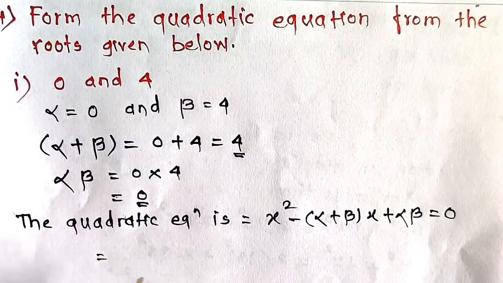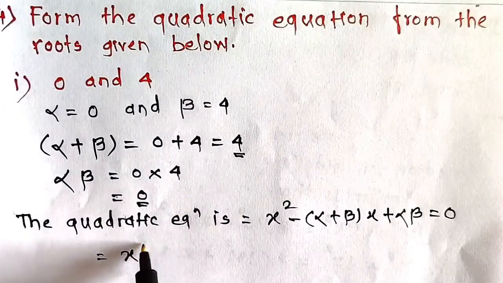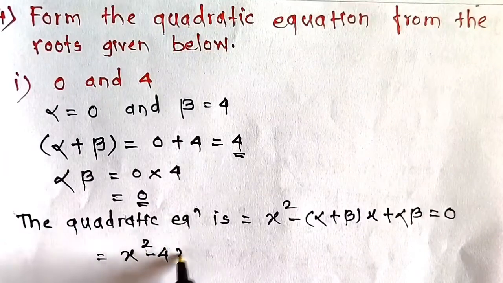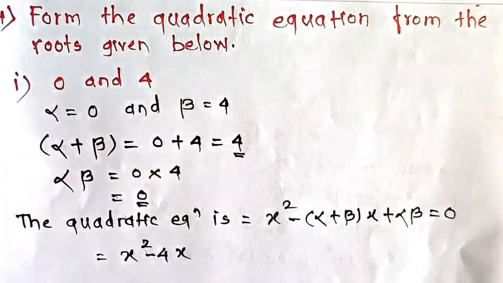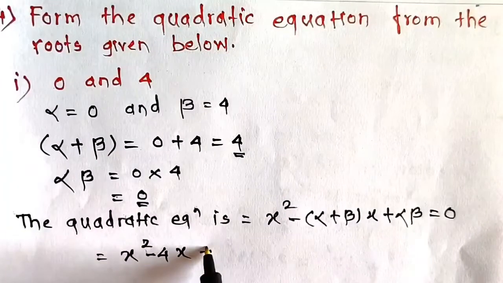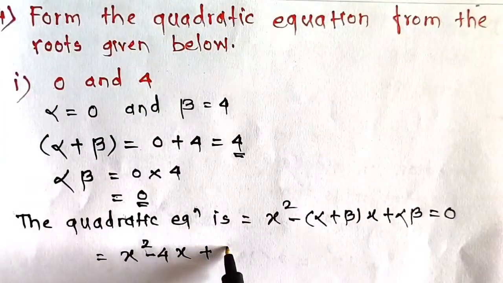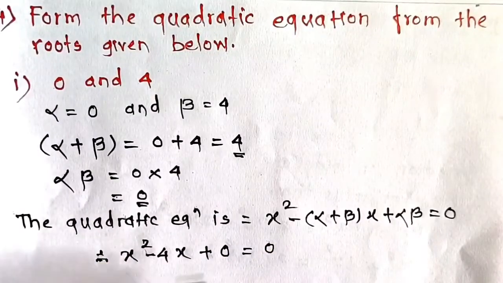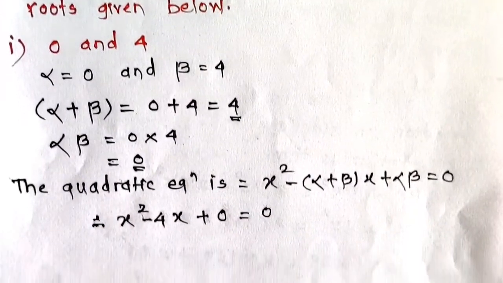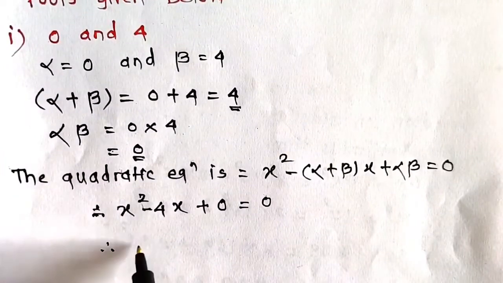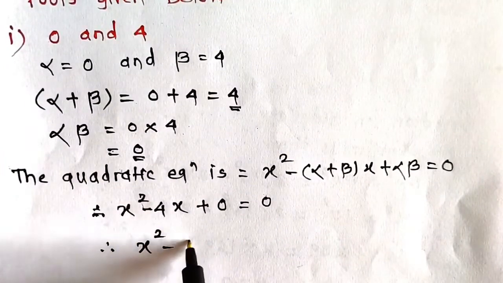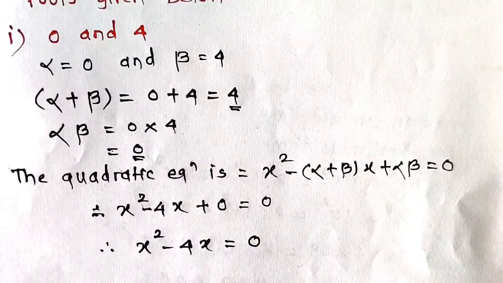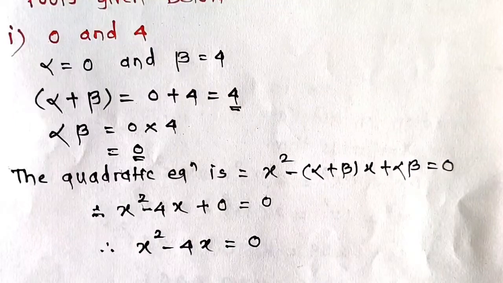Substitute the values: x square minus 4x, because alpha plus beta is 4, plus alpha into beta, which is 0. Therefore x square minus 4x plus 0 is equal to 0. So the desired equation is x square minus 4x is equal to 0.